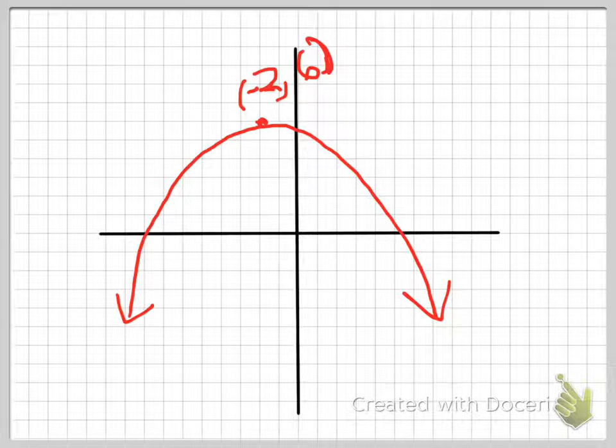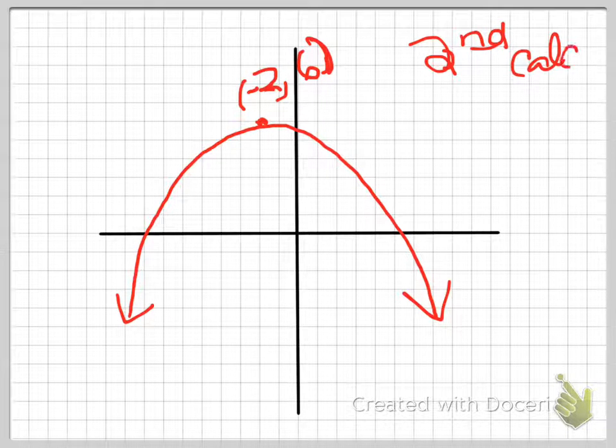Go to your second button on your calculator, and then calc, which is the trace button, and then you're going to go to left bound, and you're going to put your little cursor on the left side of that mountain, and then hit enter, and then on the right side of that mountain and hit enter, and then it's going to ask you if you want to guess, and you're going to say no, you don't want to guess, and that's that.